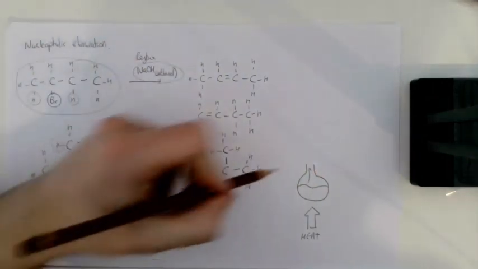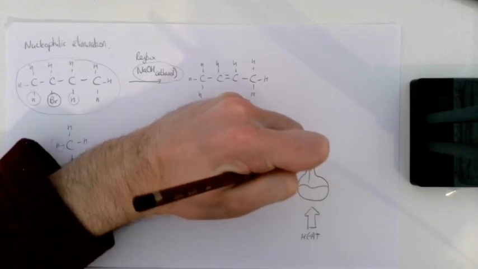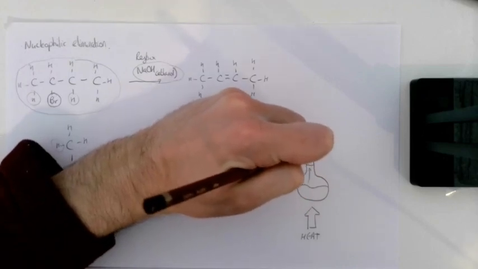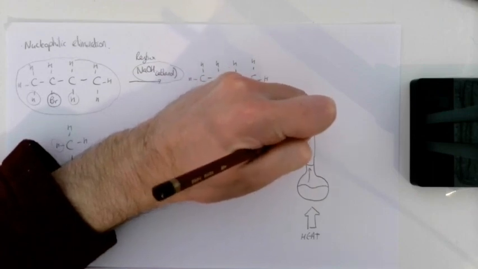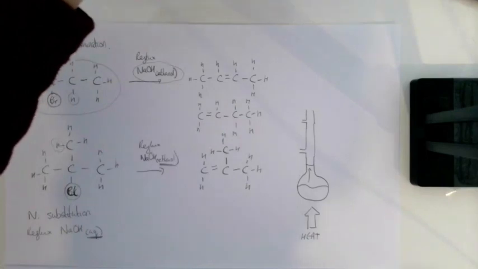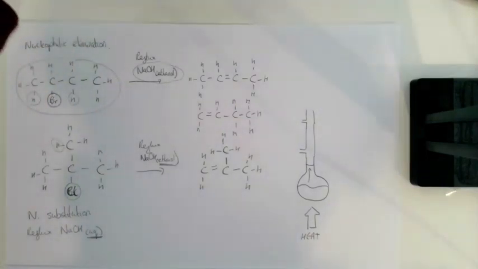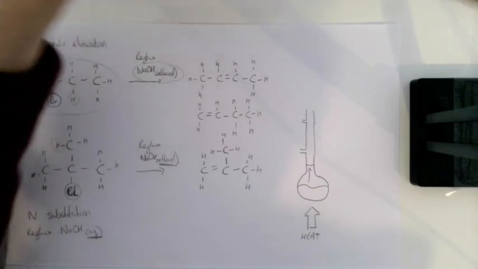So what you do when you reflux is you attach what is called a condenser to your reaction mixture, and you'll have water coming in and water coming out. So I always forget which way round they are. Give me a second.